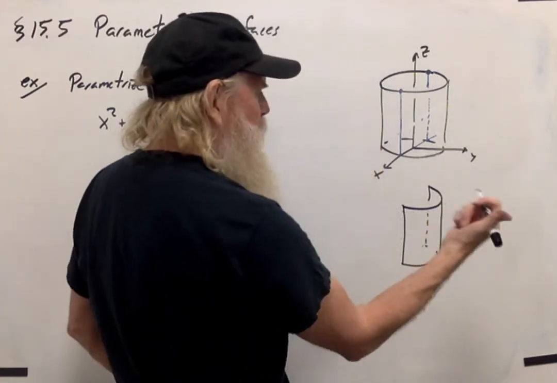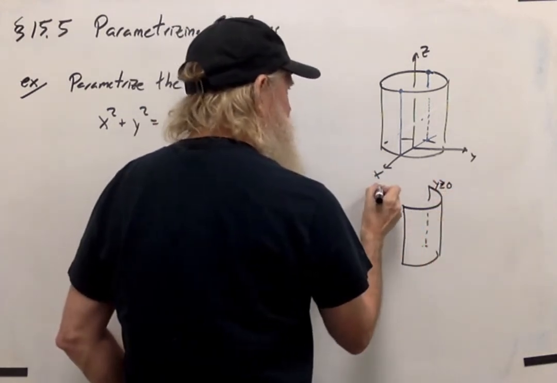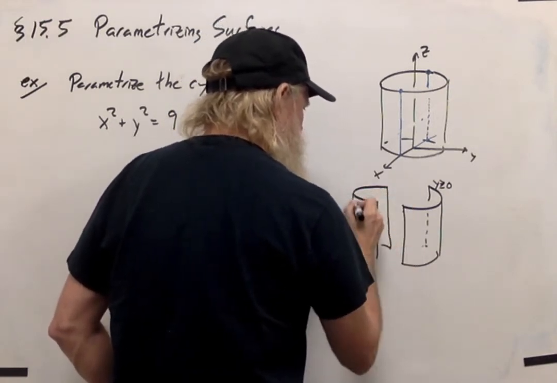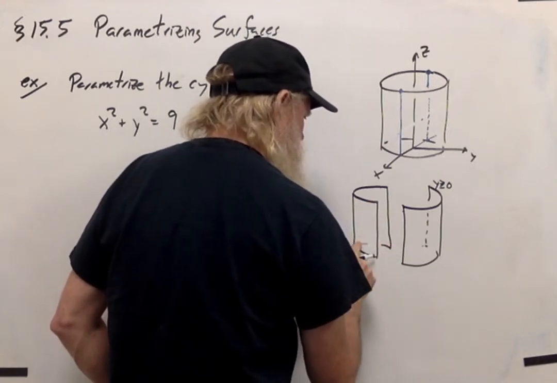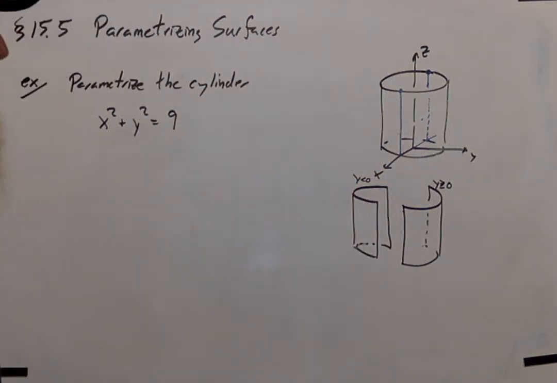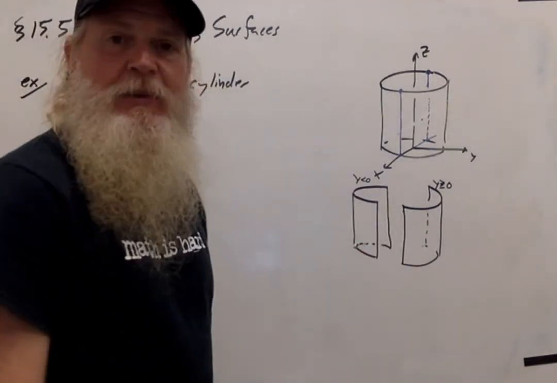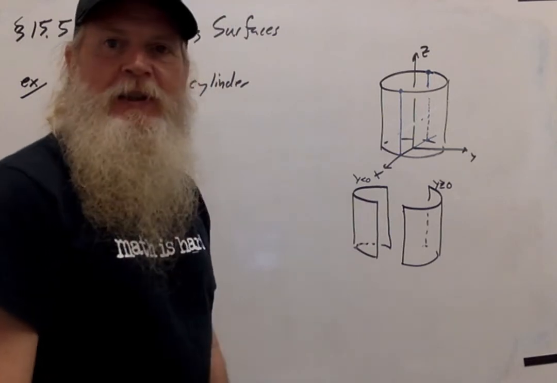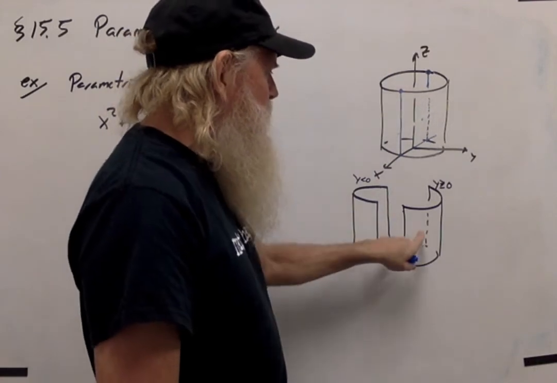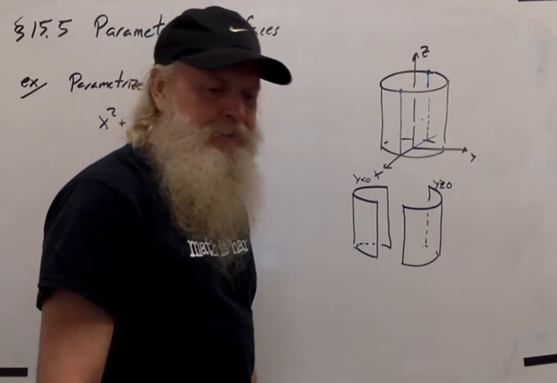So you'll have this part over here where y is positive, and then you'll have the separate part over here where y is negative. Now, each one of those taken on its own is going to be a graph over the xz plane. So we could parameterize each of them separately. So later on, if we wanted to integrate over the entire cylinder, we could carry out the integral on each of these pieces separately and then add the two answers together.